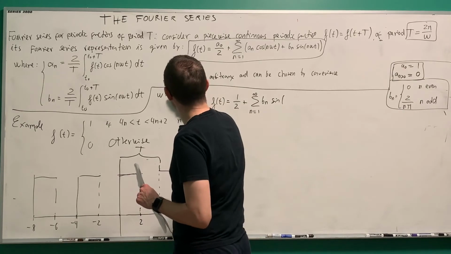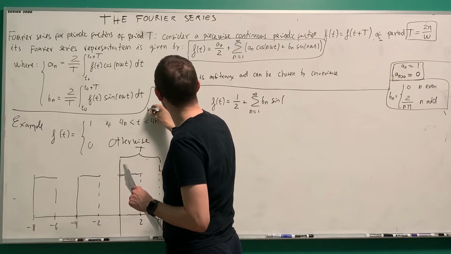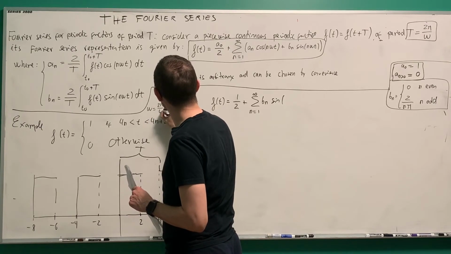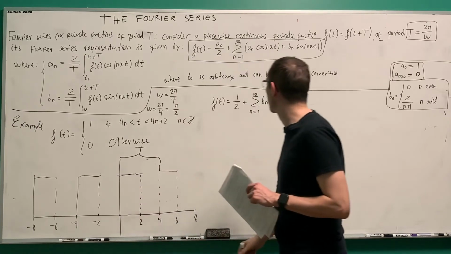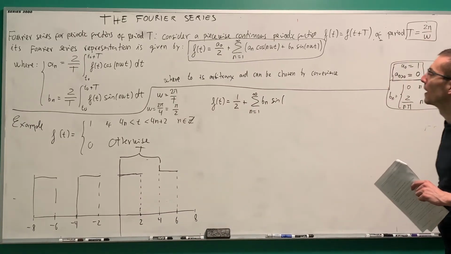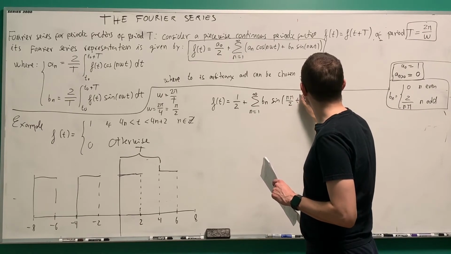Remember always that omega is 2 pi over T. In this case, omega is 2 pi over 4, that was the period, right? So it's pi over 2, okay? And that comes from here. All right, sine of n pi over 2 t.